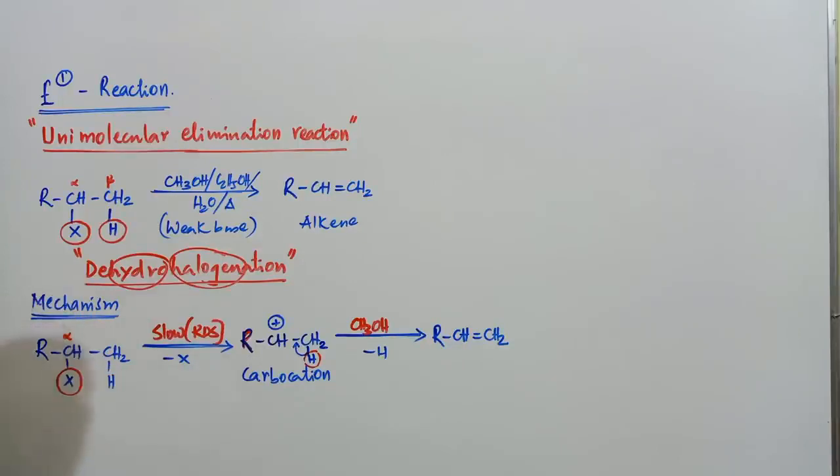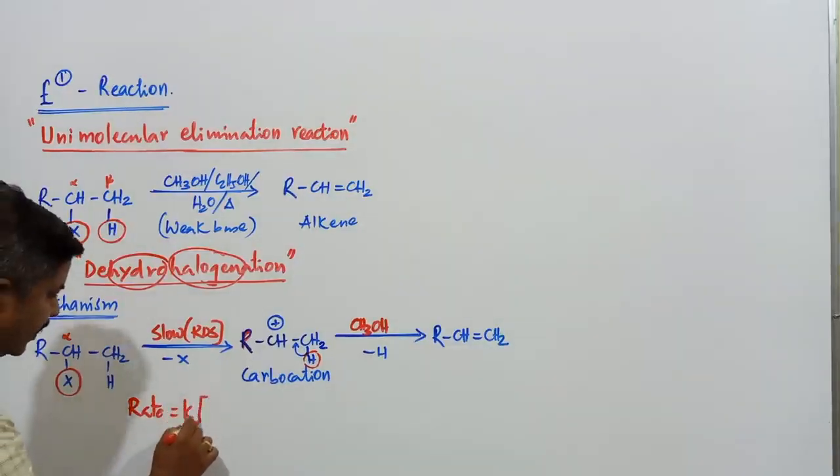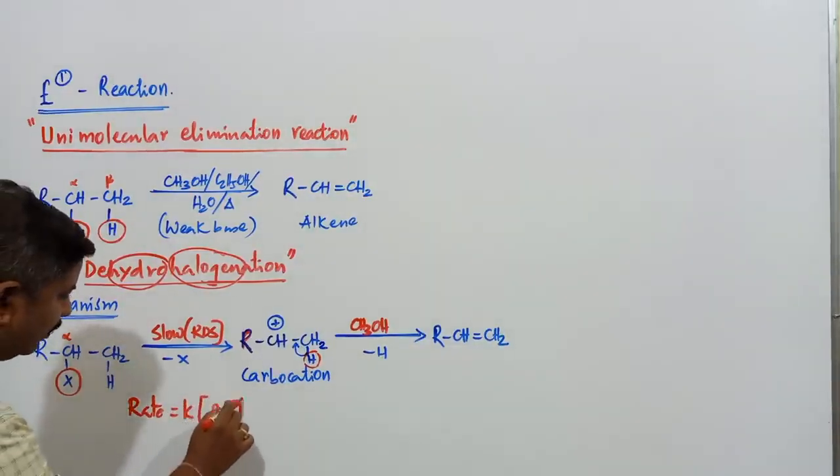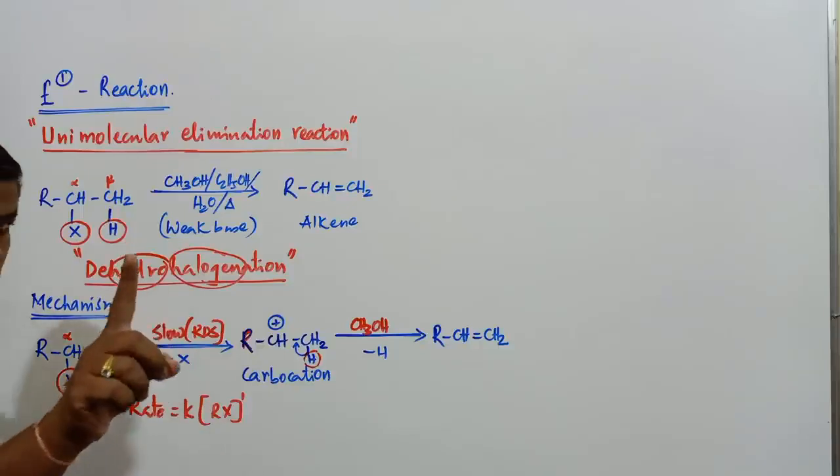The rate does not depend upon the base because the first step itself is the slow step. In the slow step, only the alkyl halide is present. So here I can write rate is equal to K into alkyl halide to the power 1. Because of this, the reaction is called unimolecular, and the order as well as the molecularity of this reaction is equal to 1.